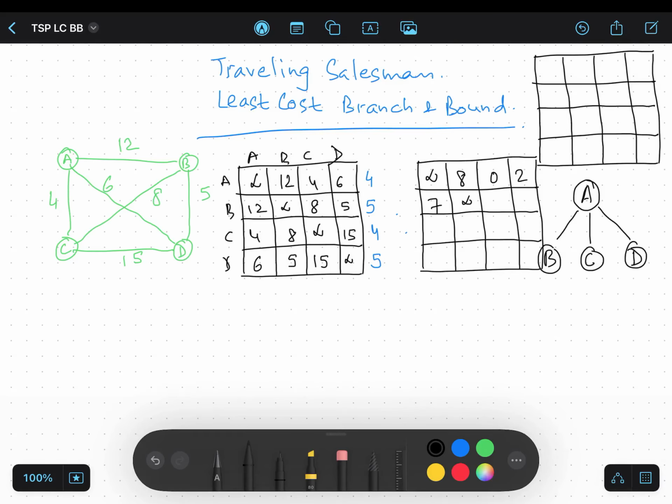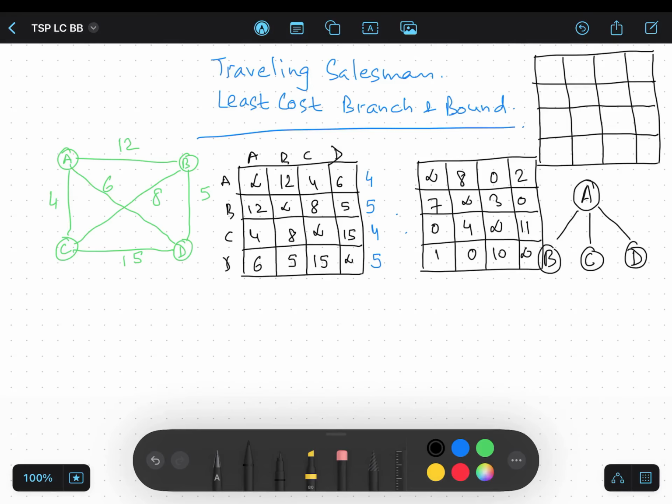Similarly, this will be 3 and 0. And this will be 0, 4, and 11. This will be 6 minus 5 is 1, 0, 10, and infinity.